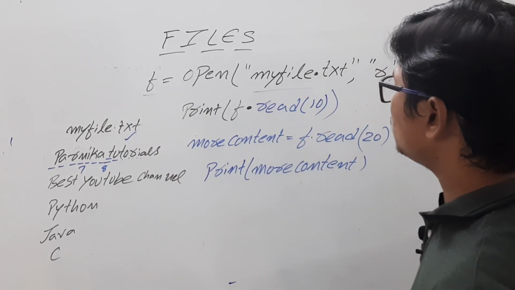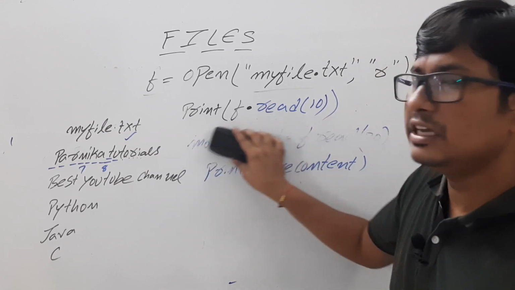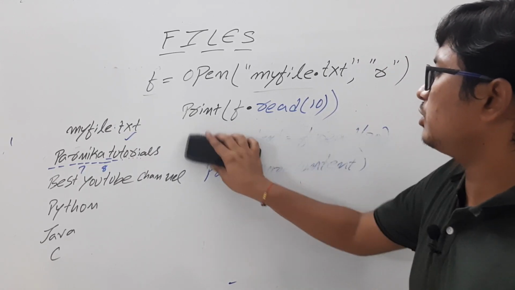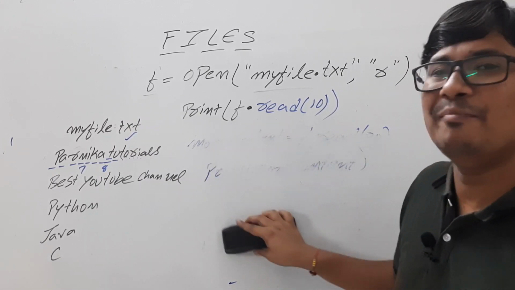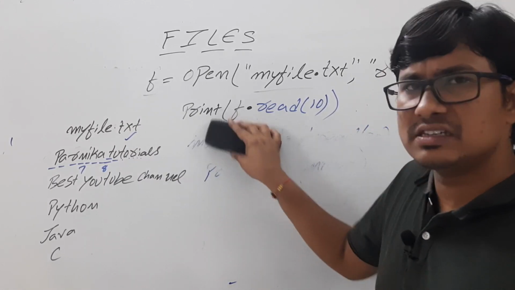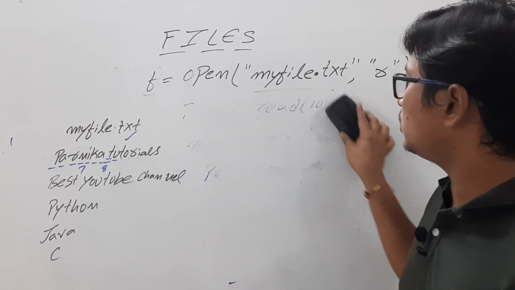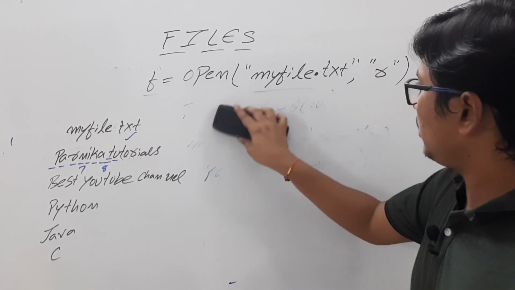Now you want to read the information in the form of lines. How many lines are there in the file called myfile.txt? 5 lines are there. All these 5 lines you want to display to the user in the form of a list. Then how can you do it?